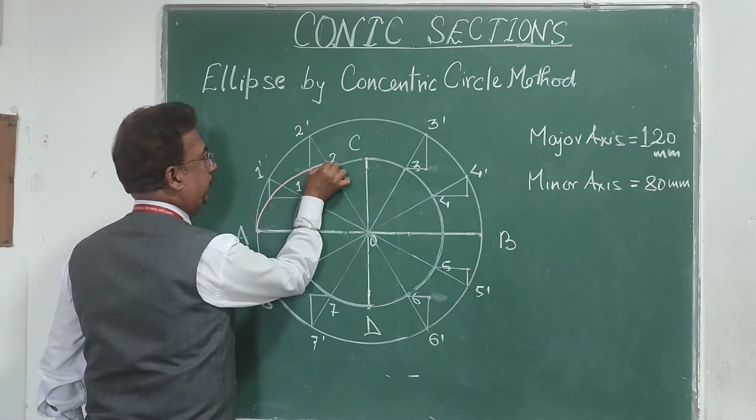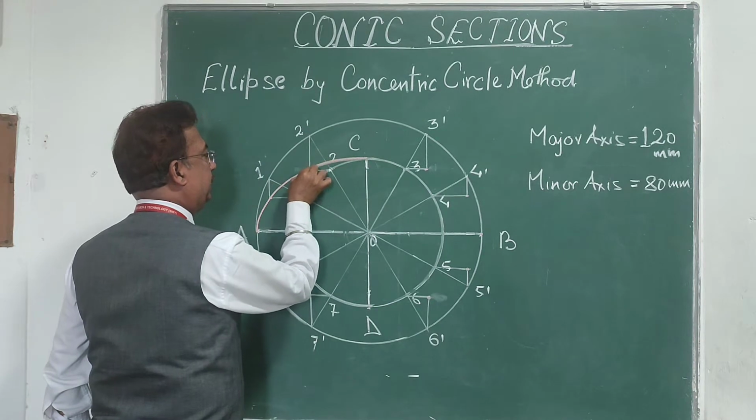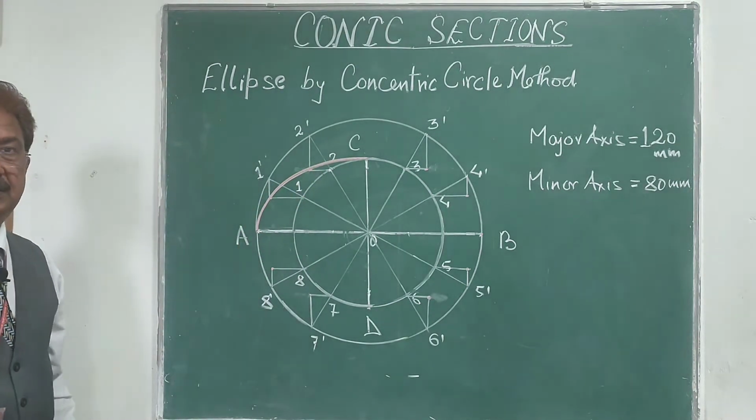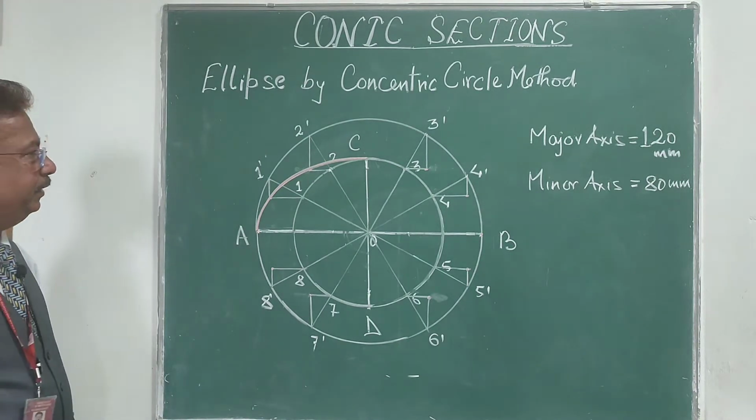So for this particular patch I have 4 points, and if I join all these 4 points with the help of this curve, this is one of the quarter parts of the ellipse.